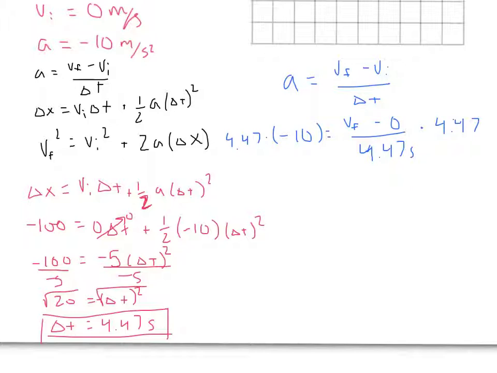So we get negative 44.7 equals v final, because the 4.47s divide to 1. So v final equals negative 44.7 meters per second.